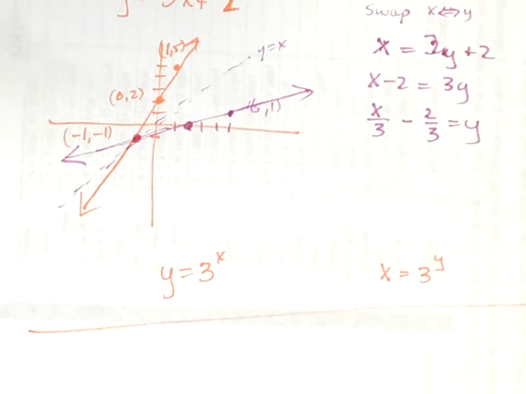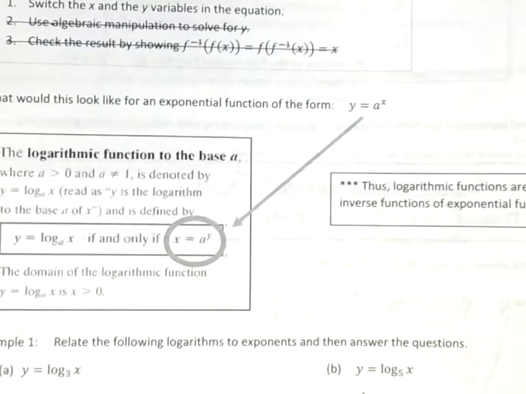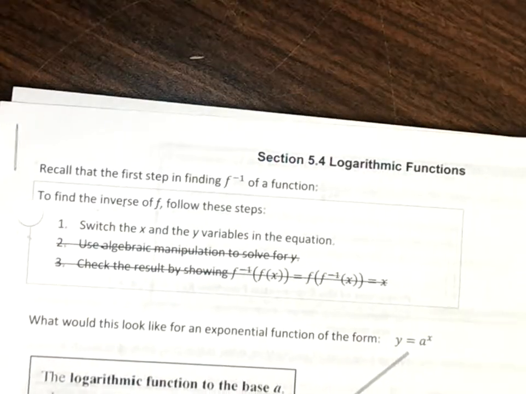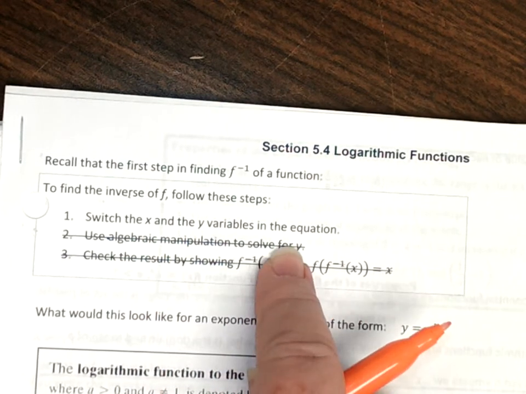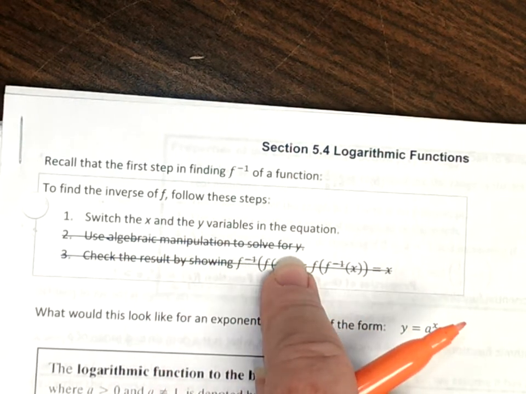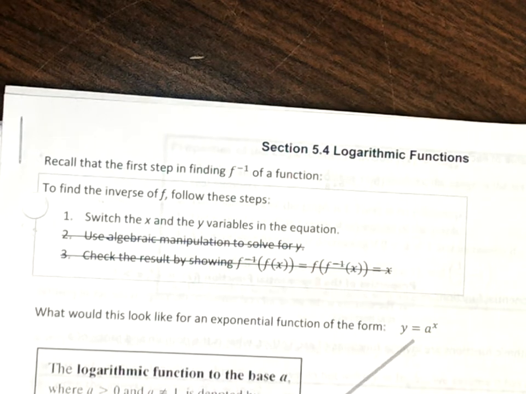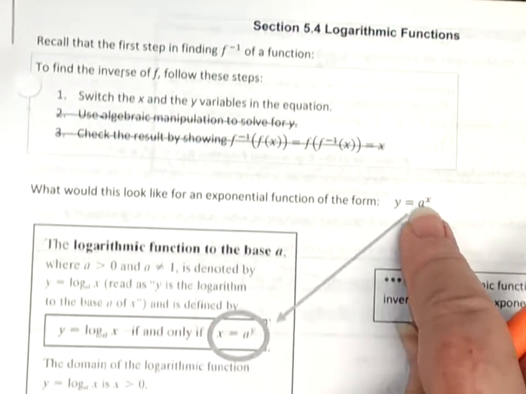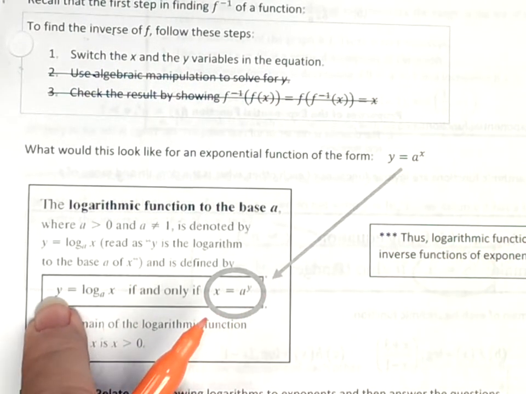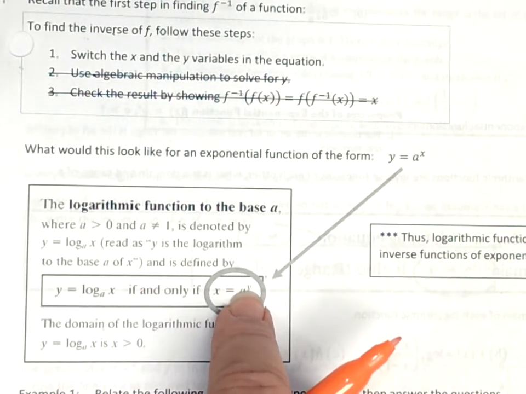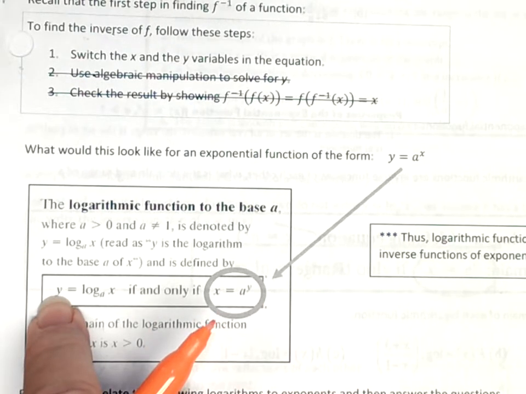Well, mathematicians realized that just switching the x and y and then using the algorithm to solve for y is not going to work for exponential functions. So instead, they created a new format, a way to isolate the exponent.